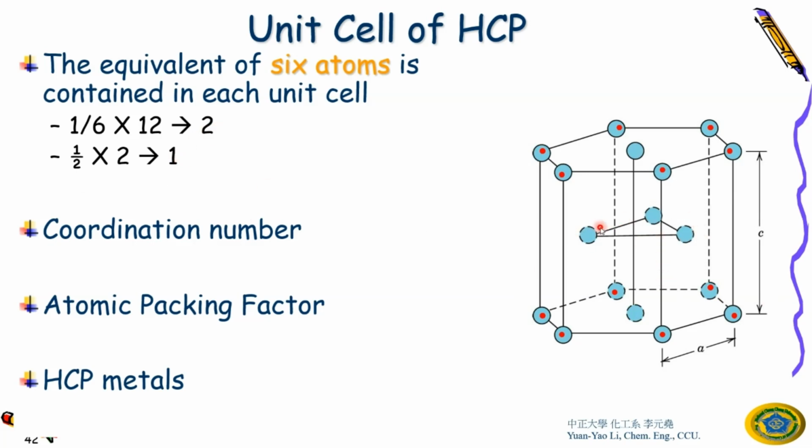And the 3 atoms are all inside this unit cell, so 1 times 3 equals 3. So how many atoms here? There are 6 atoms.